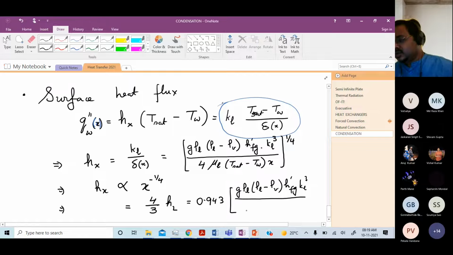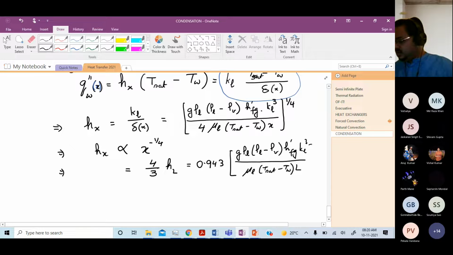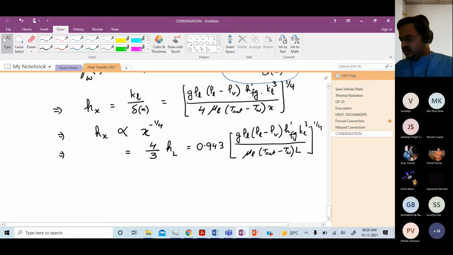This 4 gets out, and you have mu L times (Tsat minus Tw) times L to the power 1 by 4. And no, this was h bar. Oh, yeah, okay.